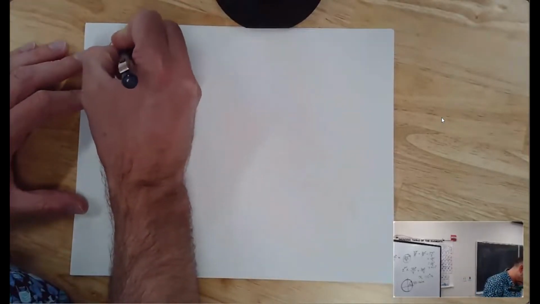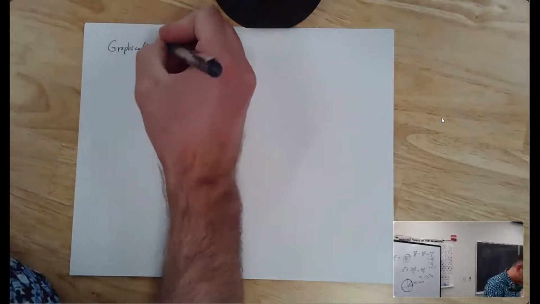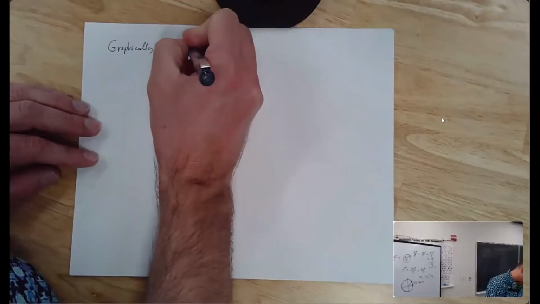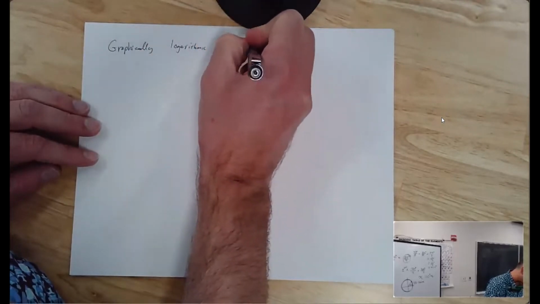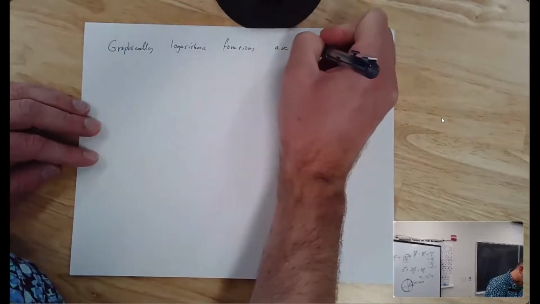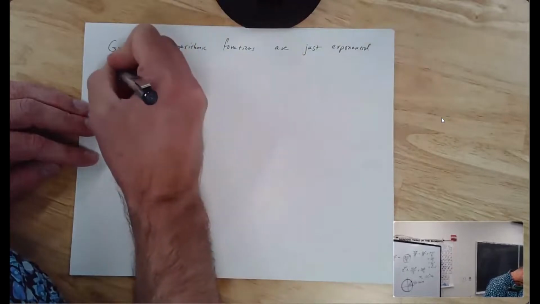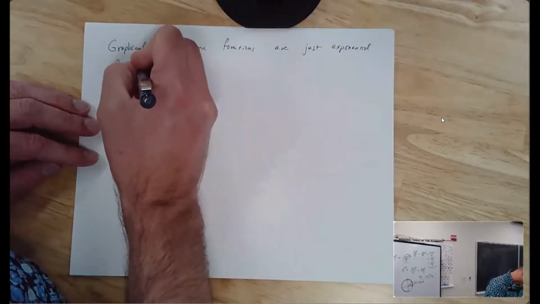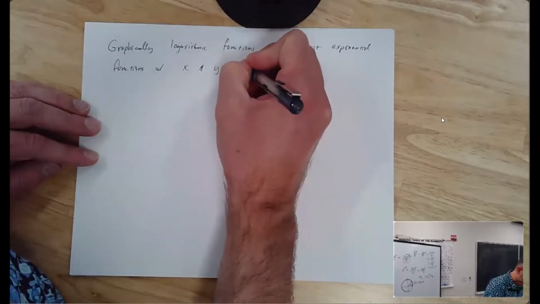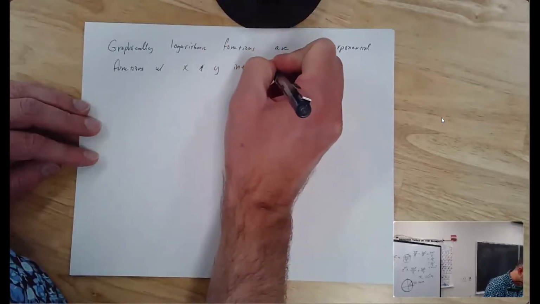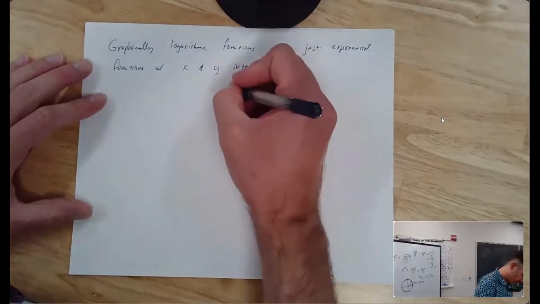Let's see, graphically, logarithmic functions are just exponential functions that we talked about last week with x and y interchanged. Let's go back to kind of our first example of an exponential function.